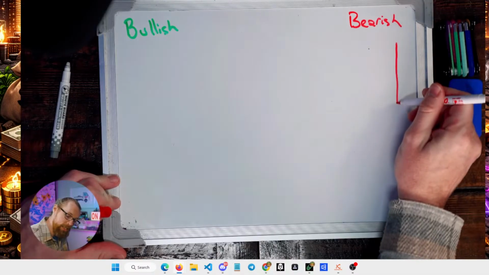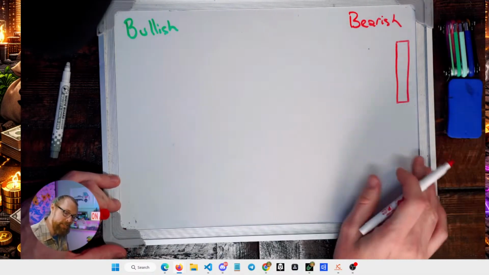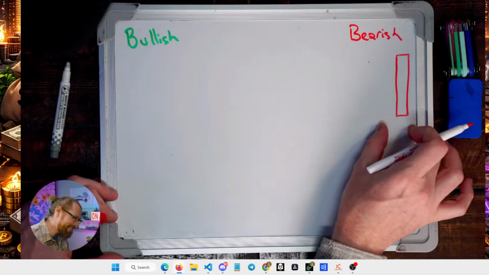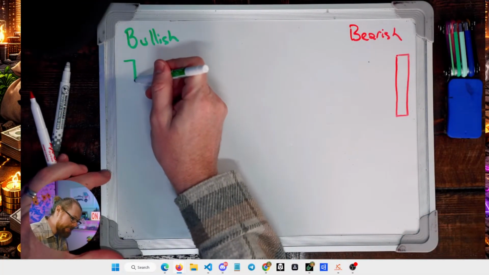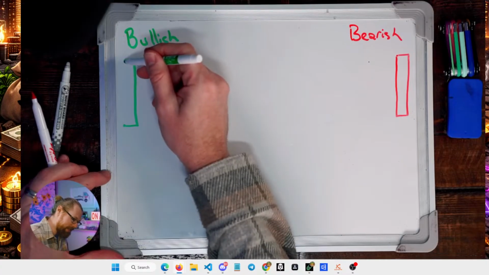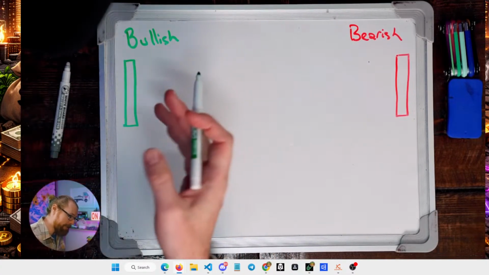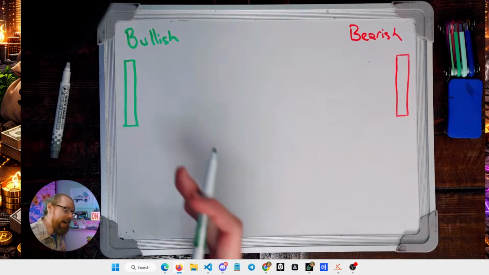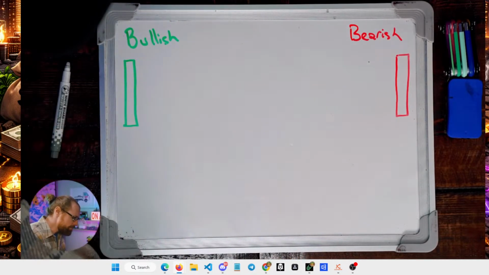The weakest is going to be this long body red candle. There's not a candlestick shape really that's worse than that. I mean, it's incredibly weak. And the strongest candlestick shape would be something like this. It was a candlestick like this that cost Melvin Capital billions of dollars, when all of a sudden on the daily chart, GameStop just kept going higher and higher and higher.